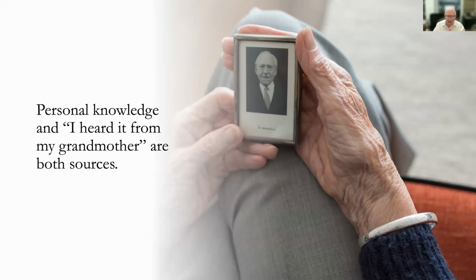But by telling us that it came from my grandmother, or that it's my personal knowledge, we at least have a starting point. It's not entirely without any idea of where we're going to start to look for this individual. Now, obviously, after I have spent years and years doing this, if I know that a person is in a family and that their parents were born someplace, the child that I'm looking for will probably be born someplace near the parents, or at least we know that the mother was there when the baby was born.